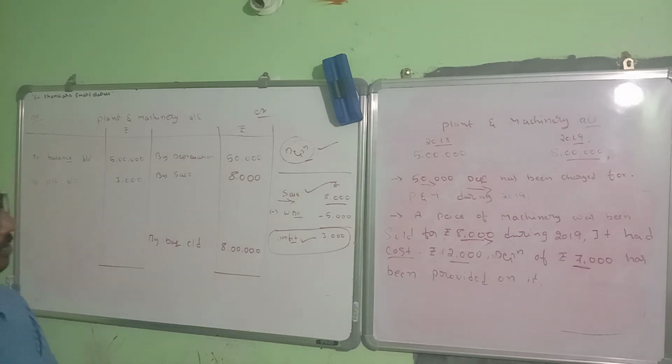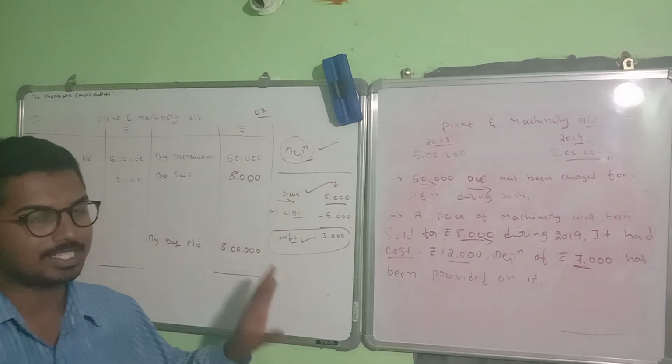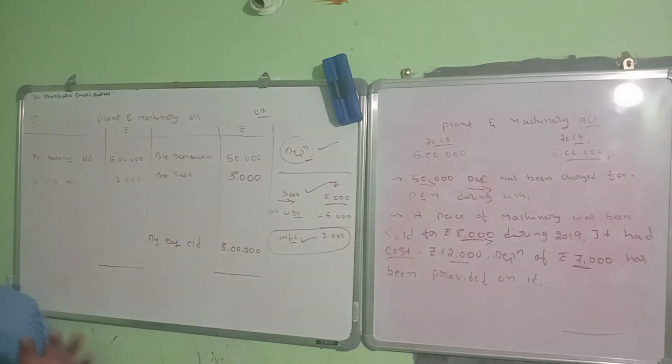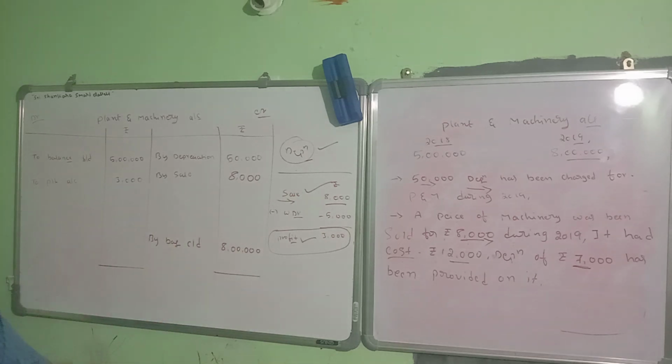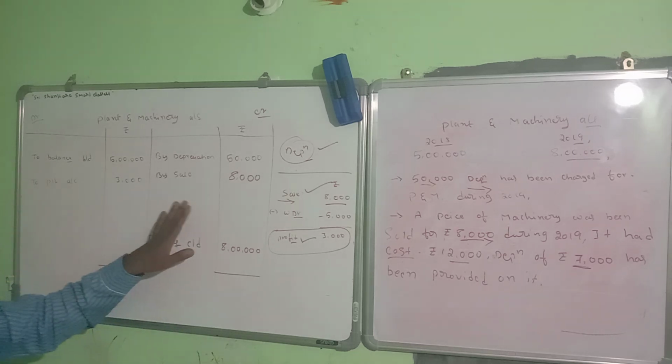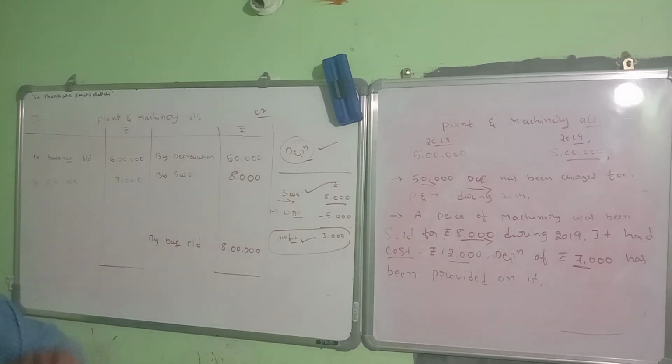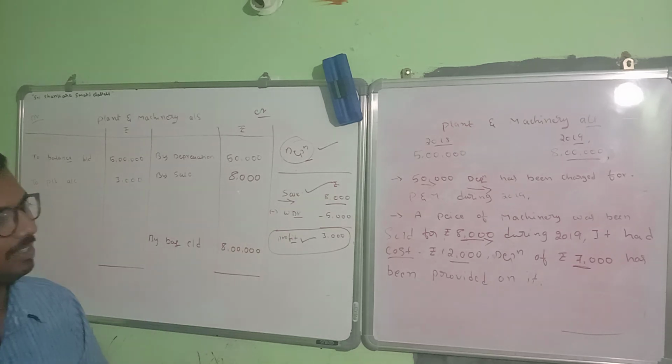So first step, record the transactions and identify the nature of the transactions. Just follow simple rules. A transaction which increases the value of an asset, post under the debit side. A transaction which decreases the value of an asset, post under the credit side. After posting the given information, just close the account.